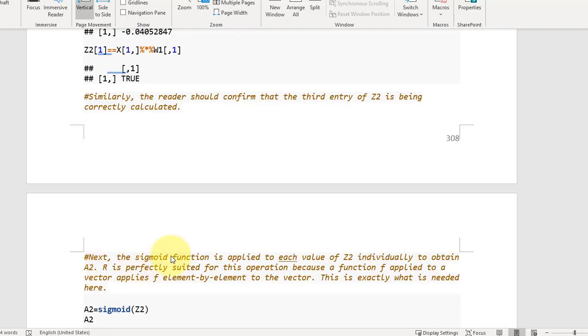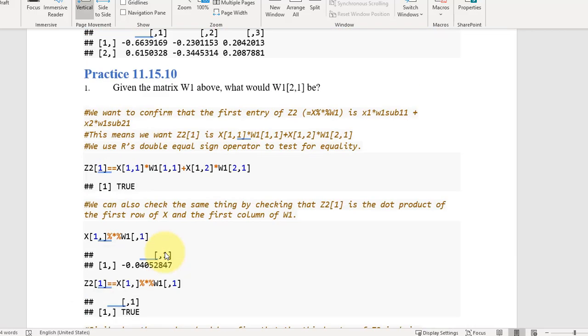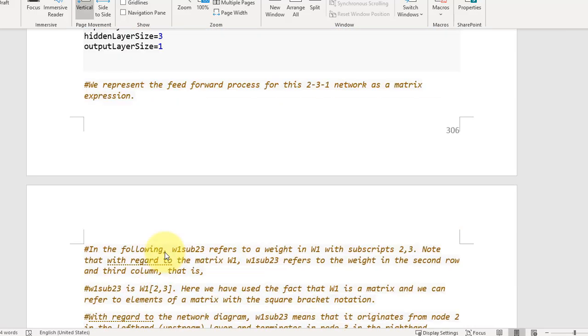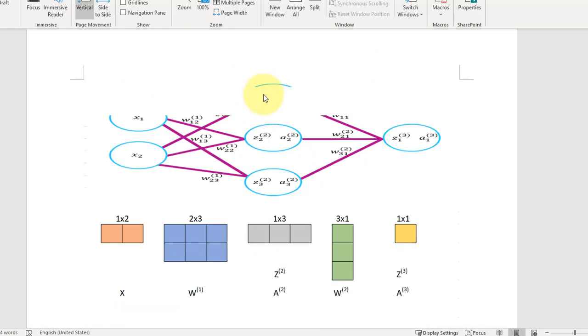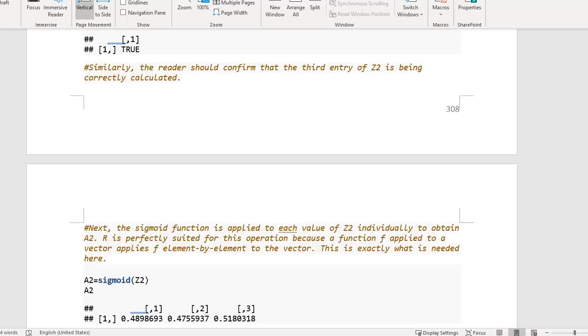Okay, next we want to talk about how to get to A2. So we get the Z's here, and then we get the A's, and the way, of course, that we get the A's is to pass this element into the sigmoid function. So next, the sigmoid function is applied to each of the values of Z2 individually to obtain A2.